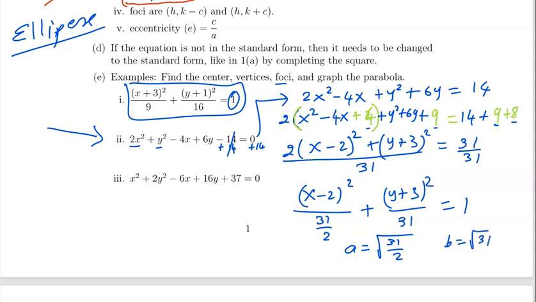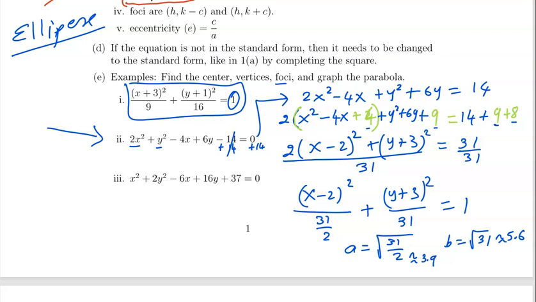If I use my calculator just to show what's close by, the square root of 31 is close to 5.6. Then you divide by 2, and whatever number comes out is close to 3.9.